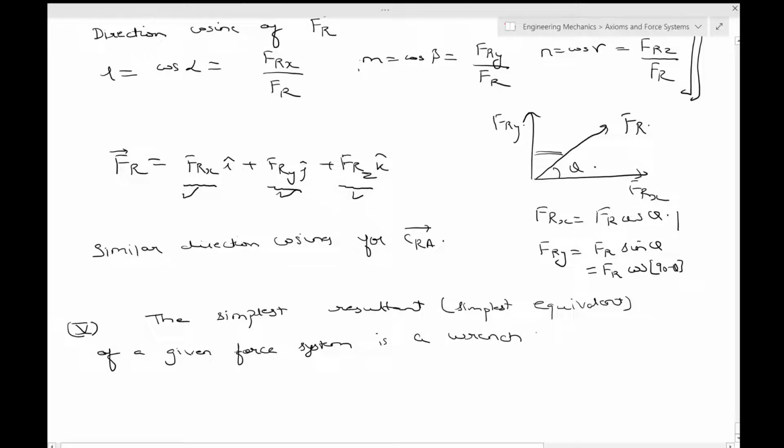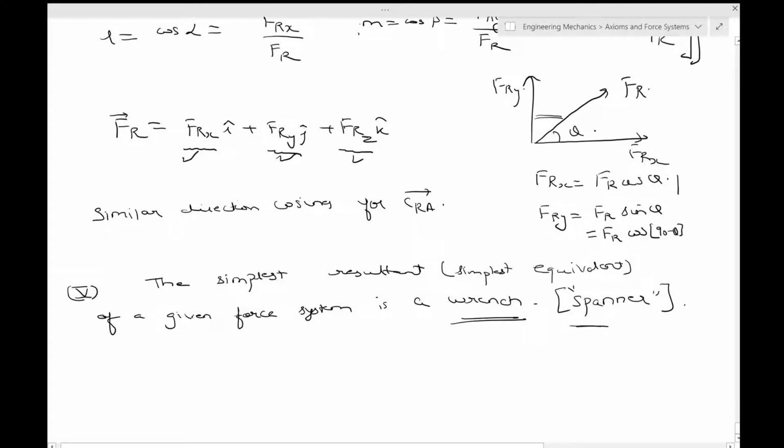If you do not know what a wrench is, now is a good time to do a search of this word called spanner. Just look at the images which come up on the internet, and this should tell you what a wrench is. So this is the simplest resultant of a given force system. It cannot get any simpler than this. Please look up what a spanner is over the internet. Just look for the image of a spanner and you will understand what it is if you have never used it.